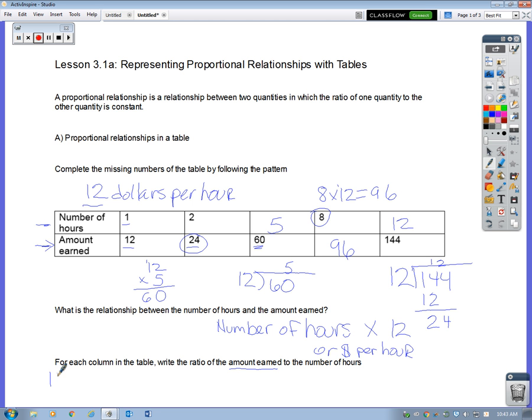So we have 12 to 1, 24 to 2, 60 to 5, 96 to 8, and 144 to 12. And that's how we would put this table into a ratio, each of the columns.